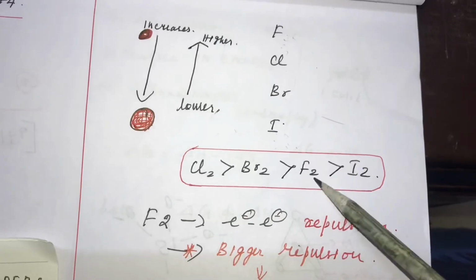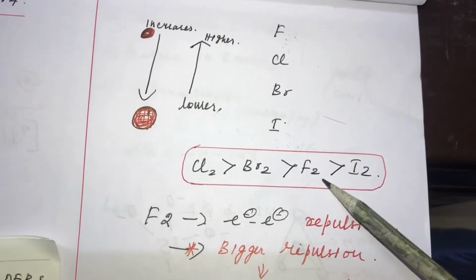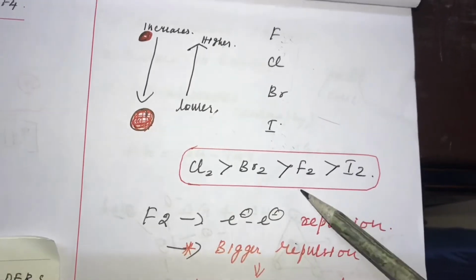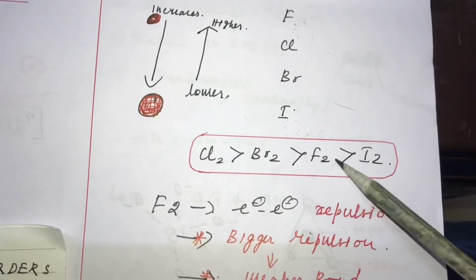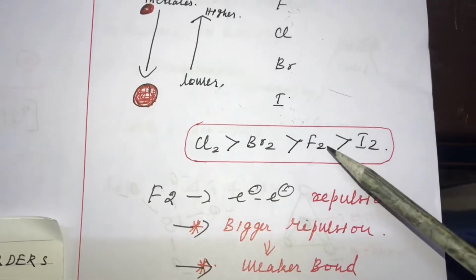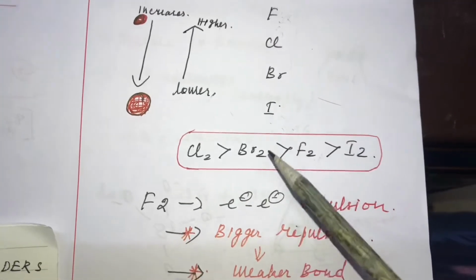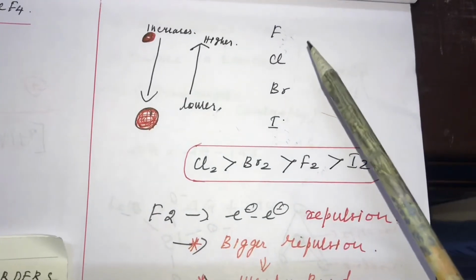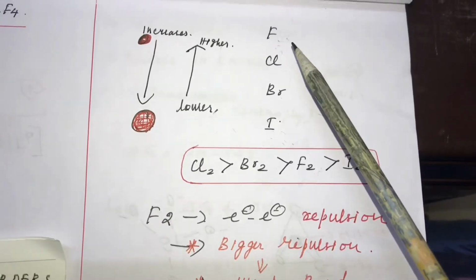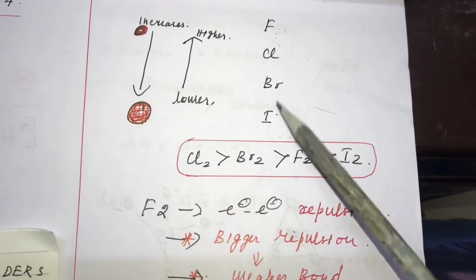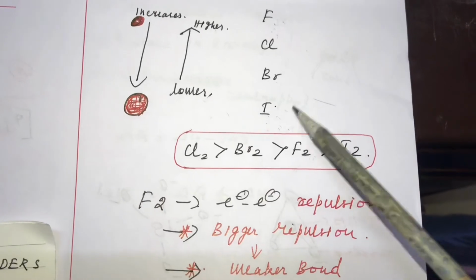But fluorine always shows deviation because of the electron repulsion between the bonded atoms. Here the bond is much weaker, so it shifts to the other side. So the bond dissociation energy of halogens decreases as the size increases.